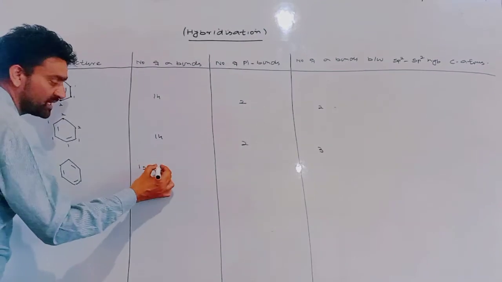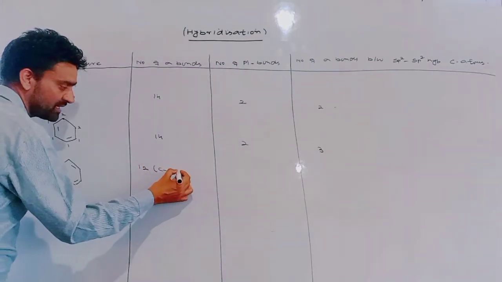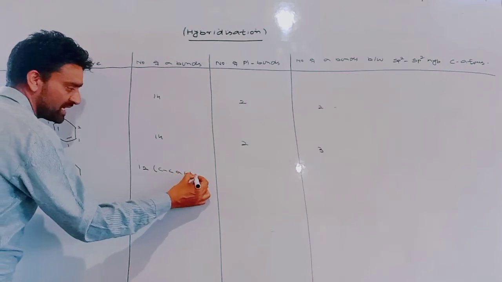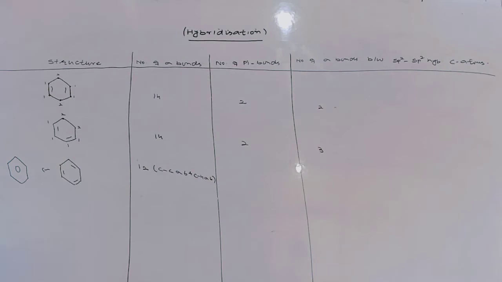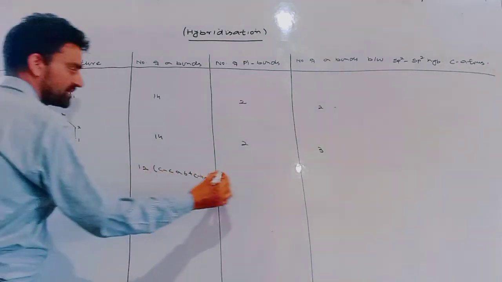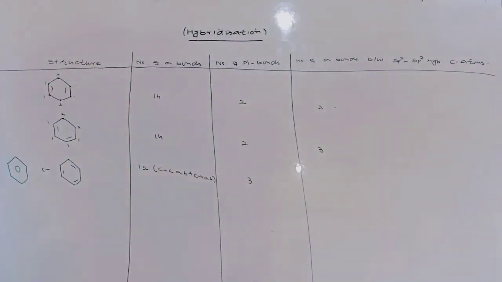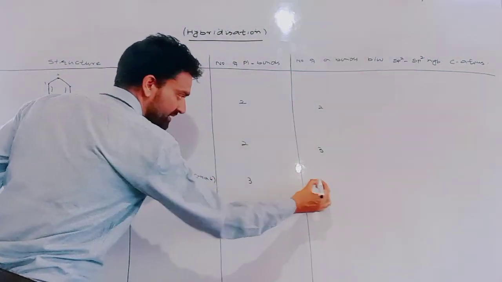Out of 12 sigma, carbon-carbon sigma 6 plus carbon-hydrogen sigma 6. How many pi bonds does benzene have? Only 3. How many sigma bonds are present between sp2 sp2? Every carbon in benzene is sp2 hybridized: sp2, sp2, sp2, sp2, sp2, sp2. Now calculate 1, 2, 3, 4, 5 and 6. Is it clear?